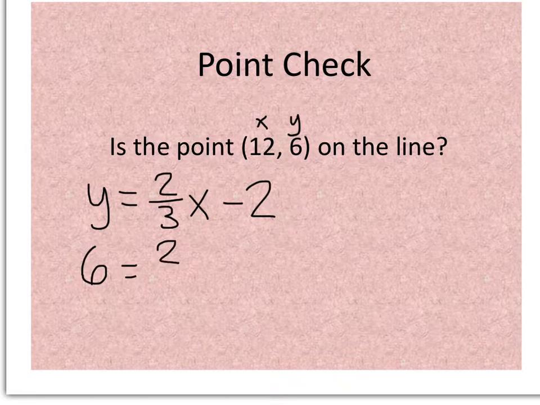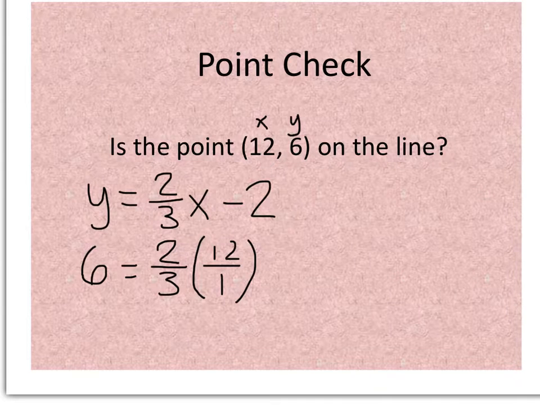And then we're taking 2/3 times our x, which is 12. And so as a fraction, we're just going to make it as 12 over 1, because that's what a whole number is as a fraction. We put it over 1. All right, so now we look here and we have to do multiplication first.